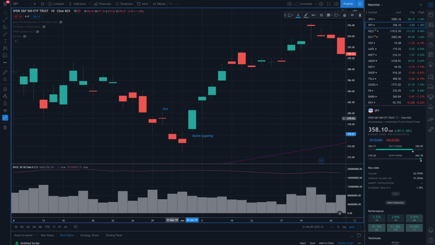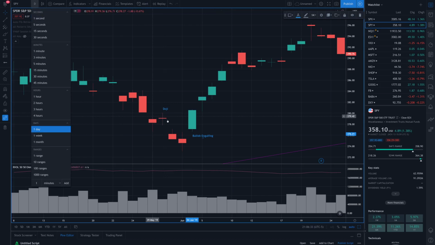So what is a doji? A doji is where the opening price and the closing price are nearly identical, right? On this day, May 30th, 2019, SPY basically opened and closed at the same price.